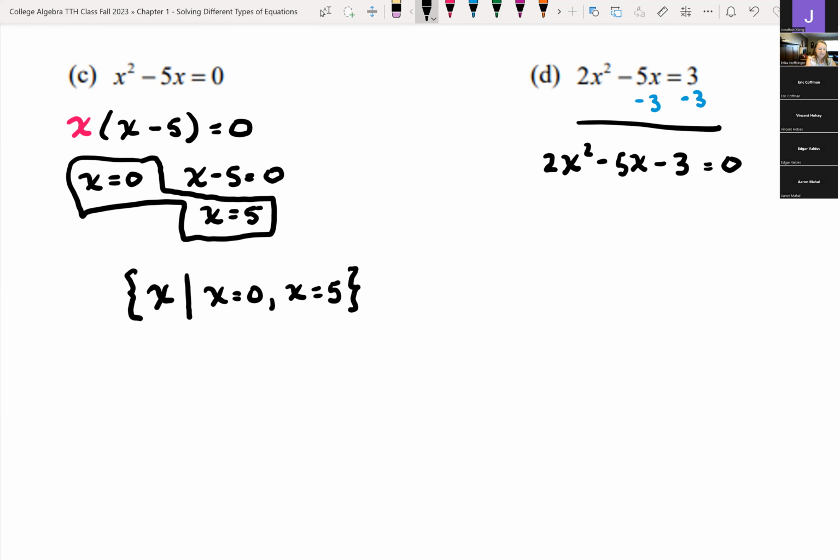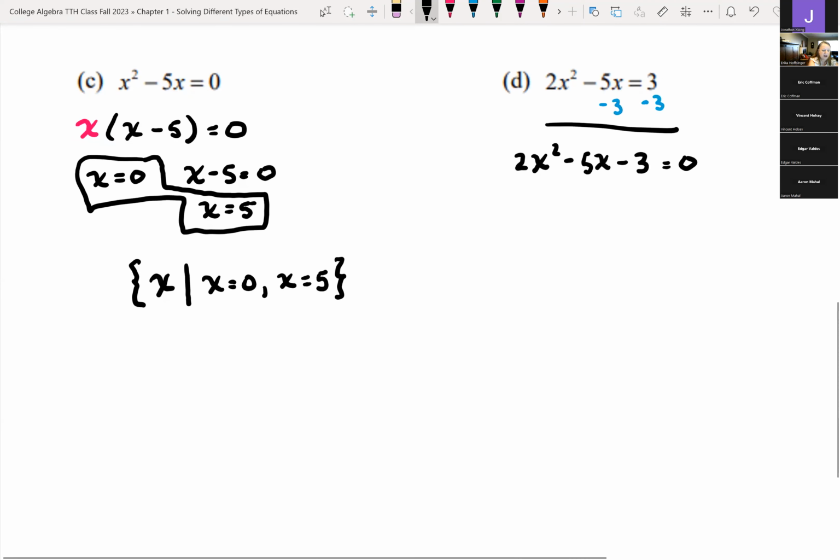Recall, standard form was ax squared plus bx plus c. When we're using the AC method, we're looking at what multiplies to give us AC and what would add to give me that middle coefficient, the number in front of x, which in our case is b.